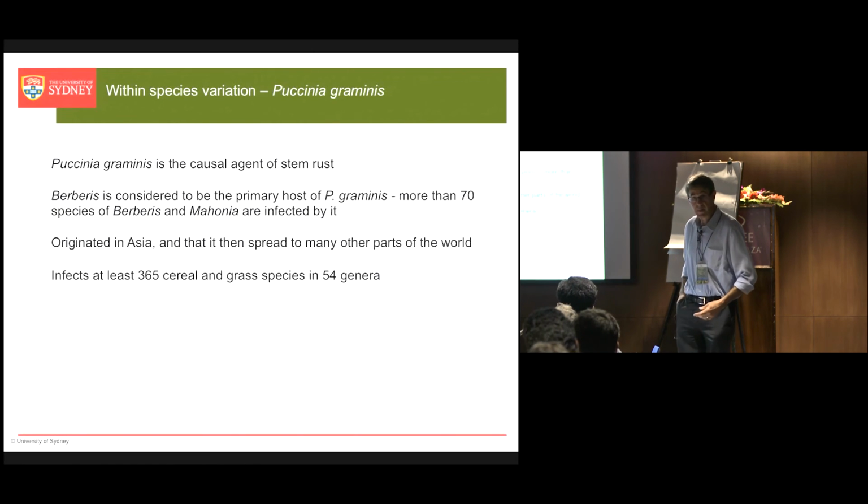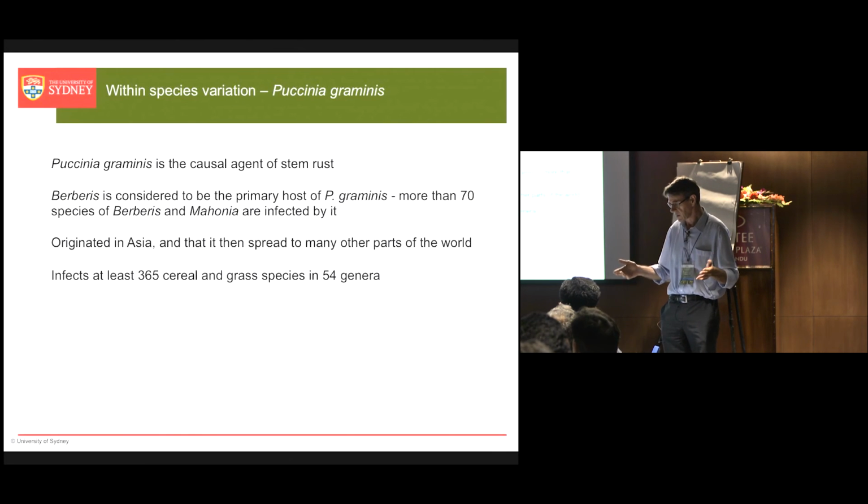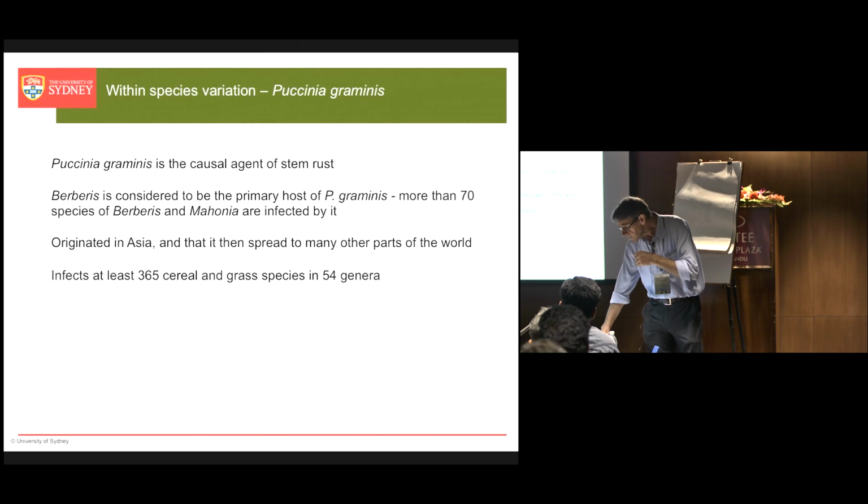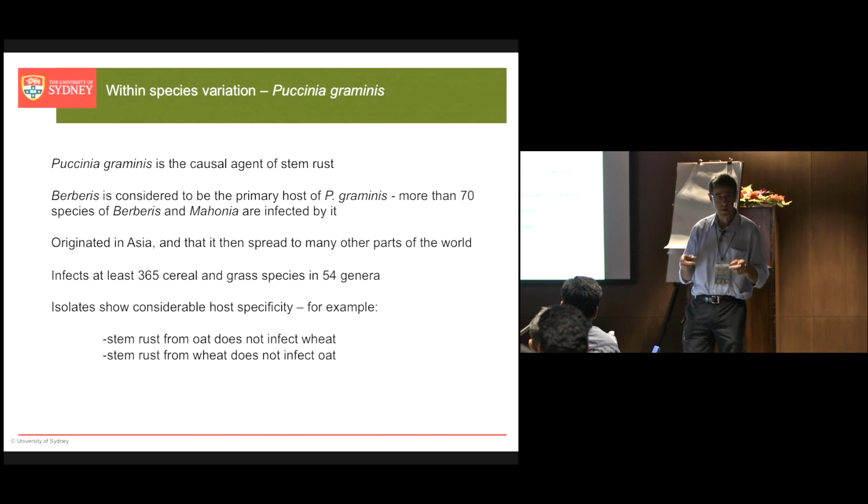So Puccinia graminis, as a fungal species, can infect at least 365 cereal and grass hosts in 54 genera. It's got a very broad host range. But isolates from many of those different hosts show considerable host specificity. So if, for example, you take stem rust off oat, it doesn't infect wheat.